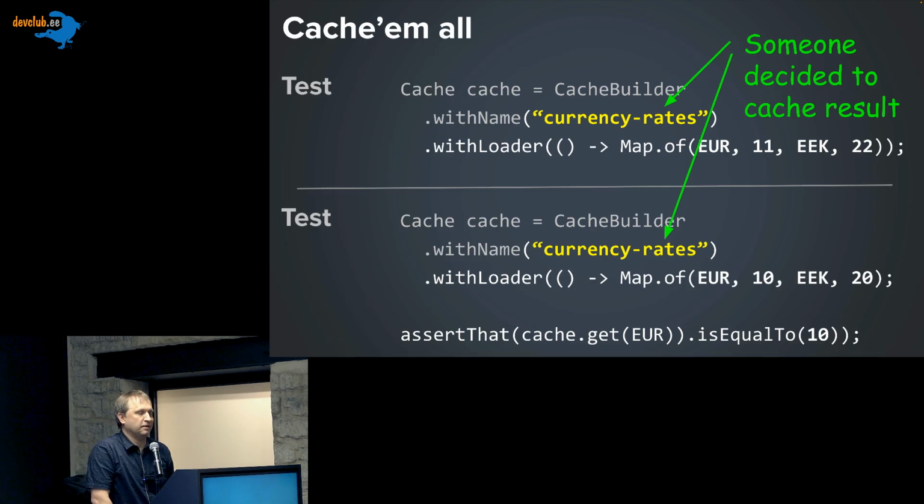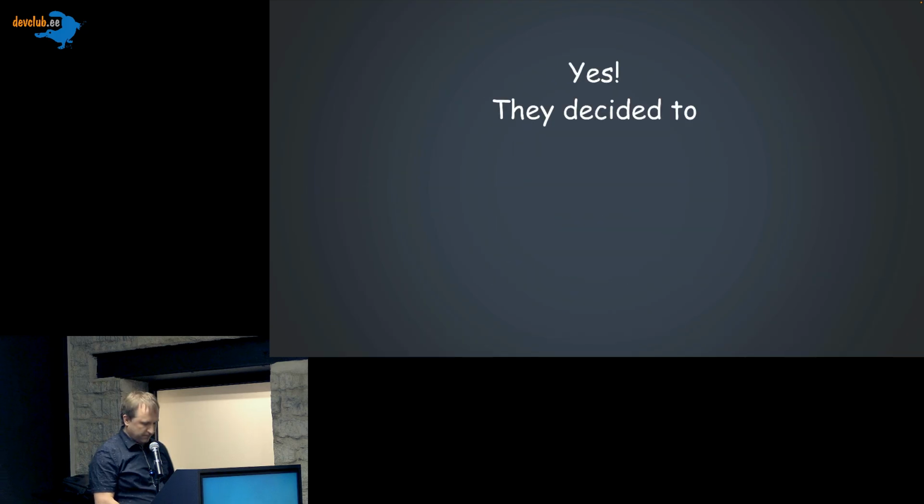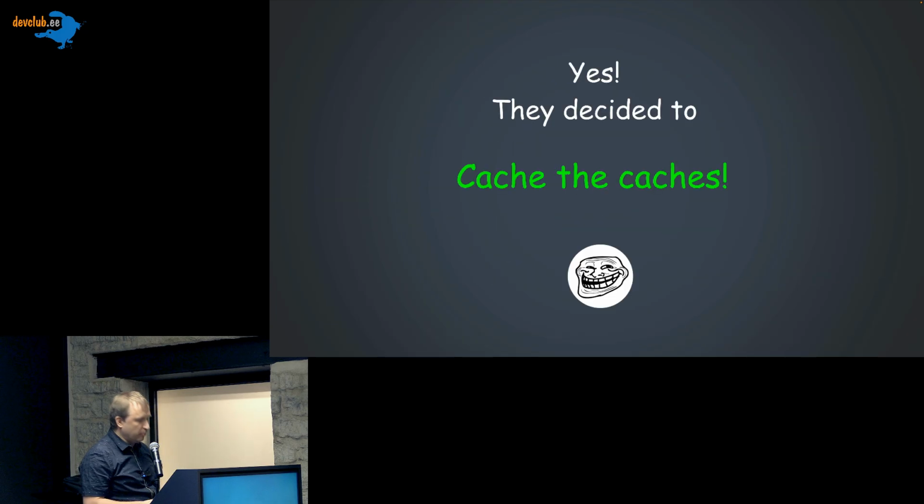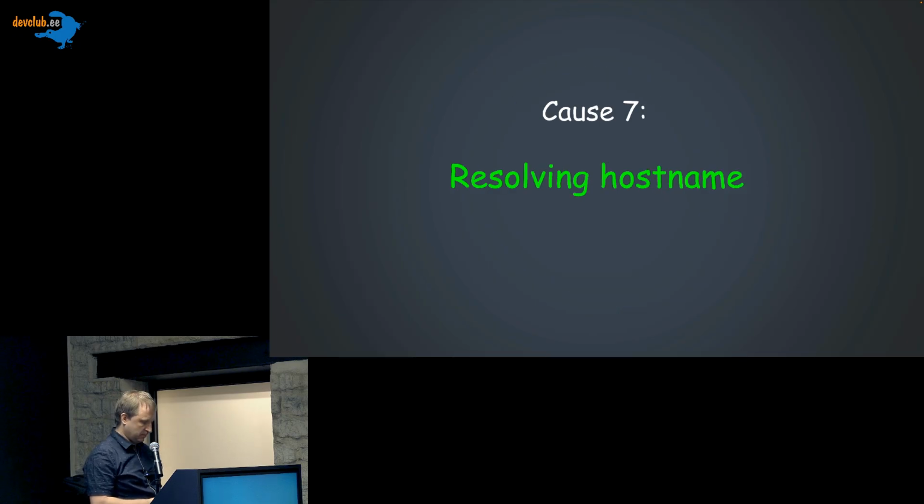It happens rarely. It's very hard to reproduce when you intentionally want to reproduce it. So yes, someone decided to cache the caches. It was funny. And probably the last case, which I believe happened in every single Java project in the world, happened at least once.